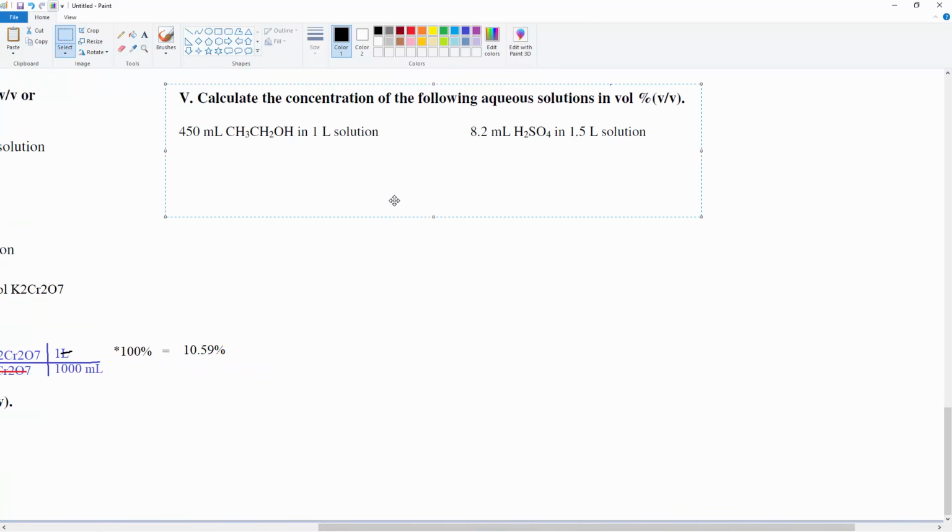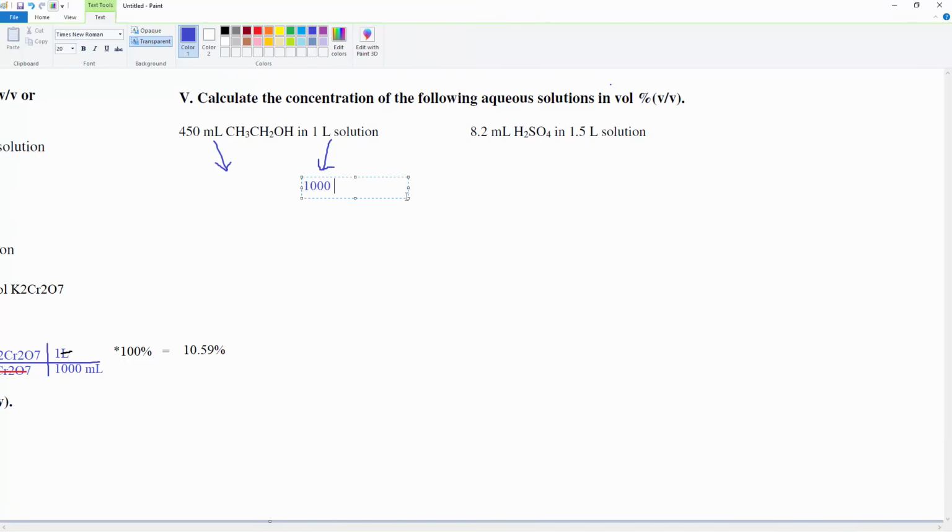Okay, so now I need volume percent. How am I going to do volume percent for this guy? Yeah, I need everything in milliliters. So that's already in milliliters, but that is not. If I have 1,000 milliliters in a liter, I need to make that conversion.